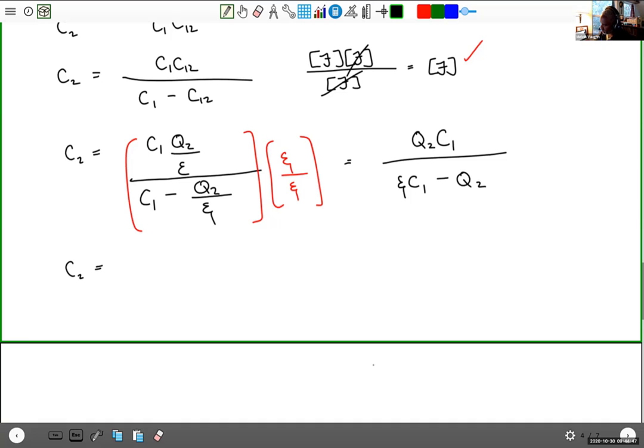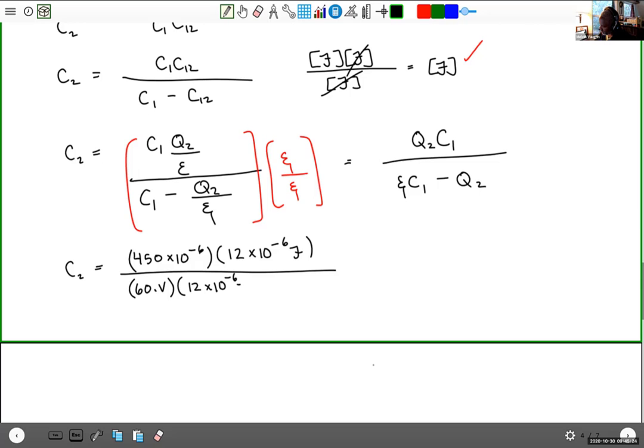So the capacitance of capacitor 2 is equal to the product of the charge on capacitor 2, which is 450 microcoulombs, times the capacitance of capacitor 1, which is 12 microfarads, divided by the product of the EMF of the battery, which is 60 volts, times the capacitance of capacitor 1, which is 12 microfarads.